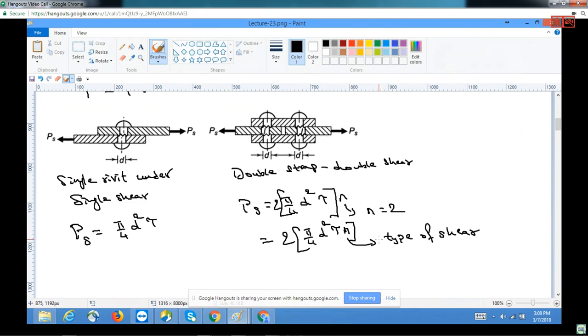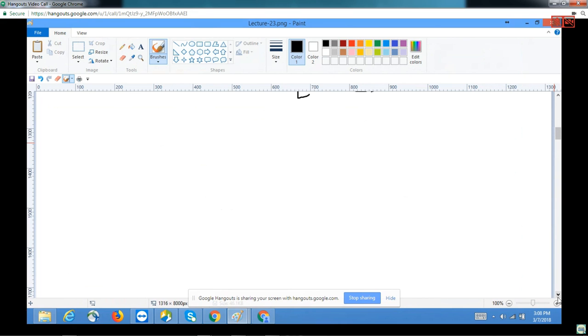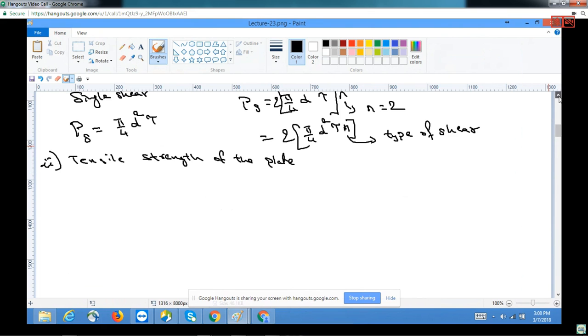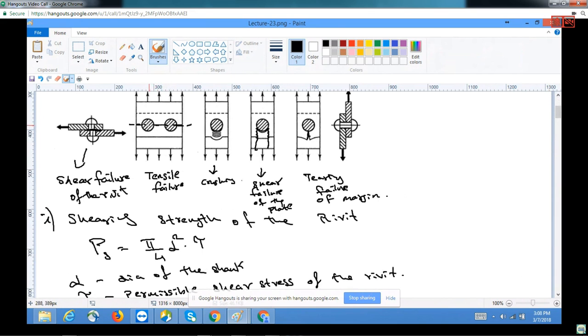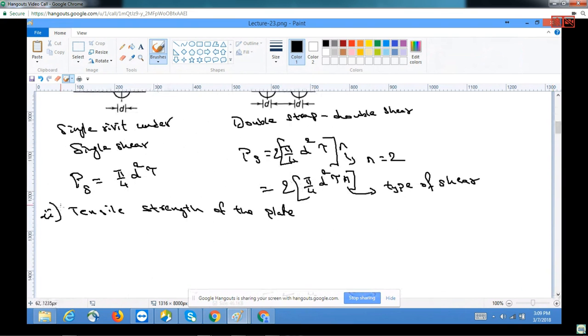The second one is the tensile strength of the plate. As we have seen earlier, in this case, you can see if I take a length of the plate between this and this, or you can even take it from the center of one pitch to the center of the other pitch, we can write the net resisting cross section as p minus d.